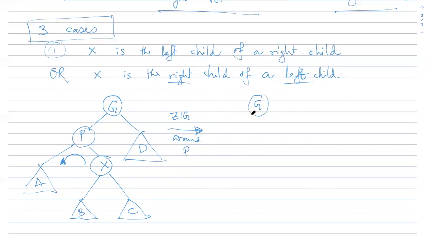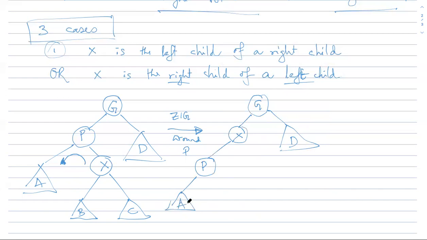So there is a grandparent. The grandparent's right subtree remains intact. Now at this point, as we showed when giving the left rotation, X will become the parent and P will become the left child. And we already showed that it does not violate the BST property.